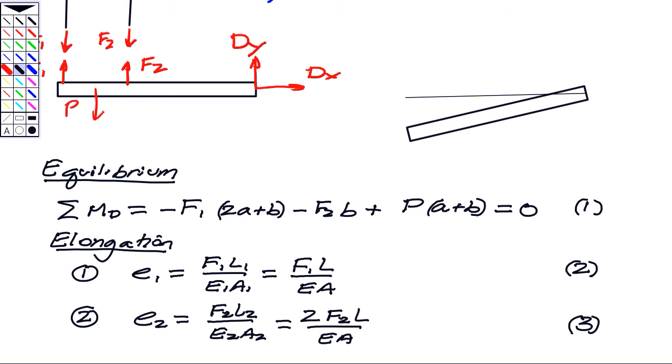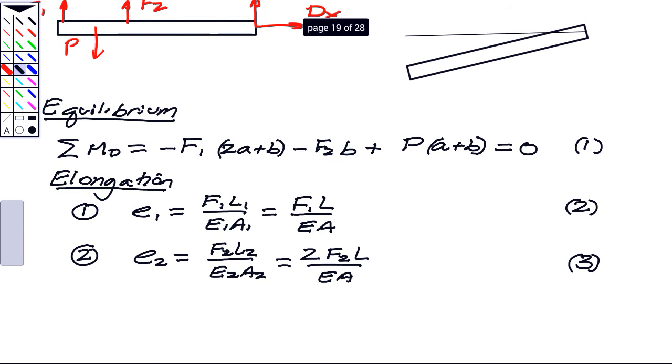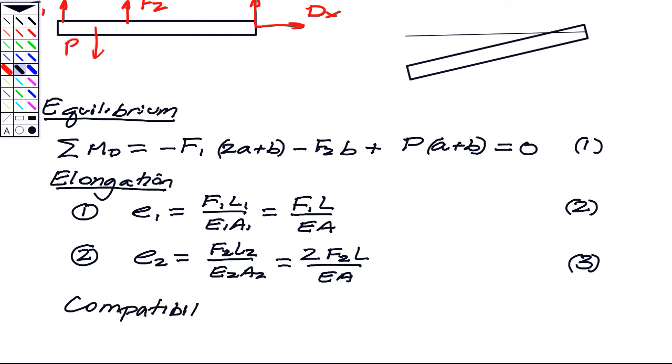What we now need to do is relate the two axial deformations. So that requires our compatibility equation. As we think about this, the bar is a rigid bar, so as these rods deform, the bar is just simply going to be rotating about point D. So to go back up to my figure right next to my FBD, the elongation here at end A is what we call e1.